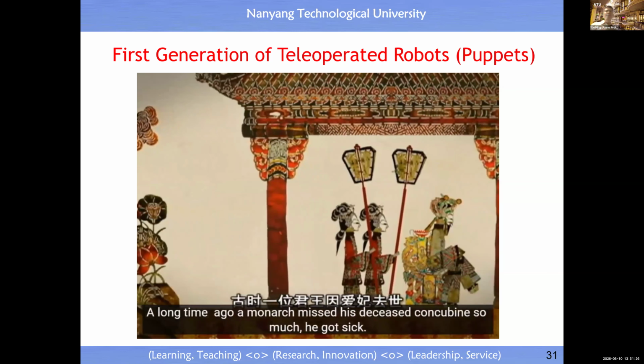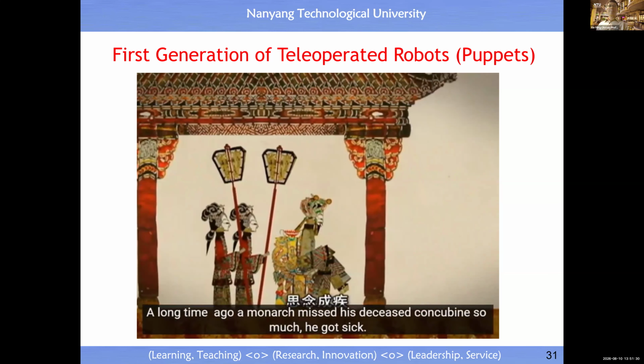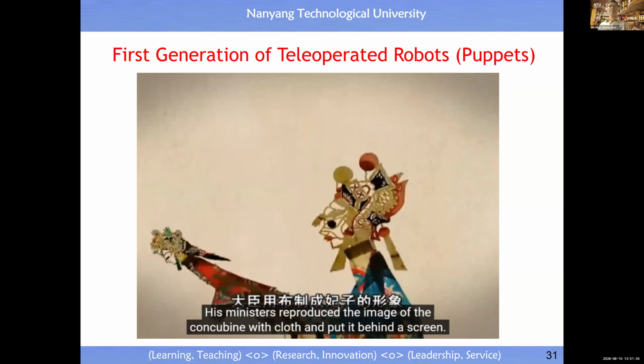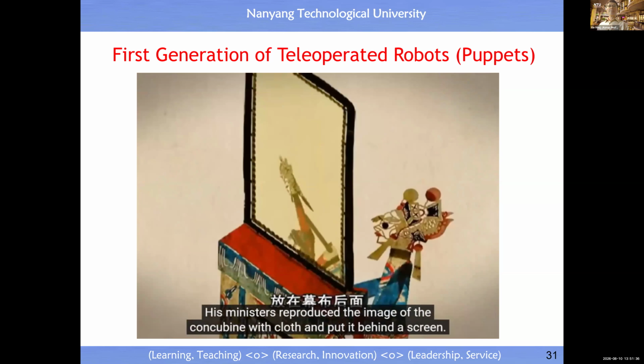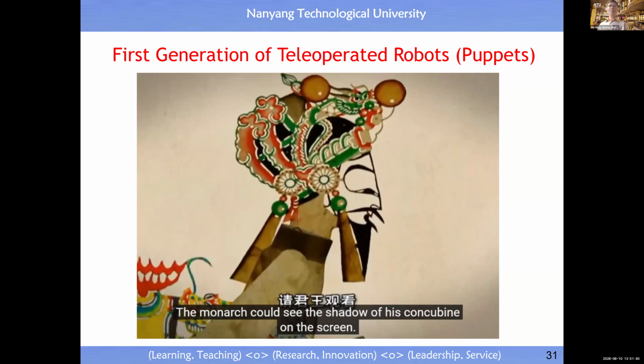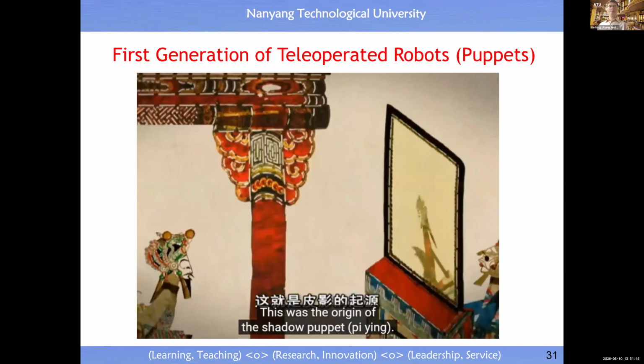A long time ago, a monarch missed his deceased concubine so much, he got sick. His ministers reproduced the image of the concubine with cloth and put it behind a screen. The monarch could see the shadow of his concubine on the screen. This was the origin of the shadow puppet.